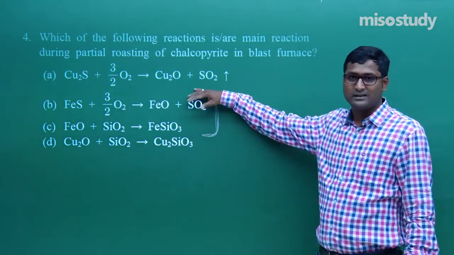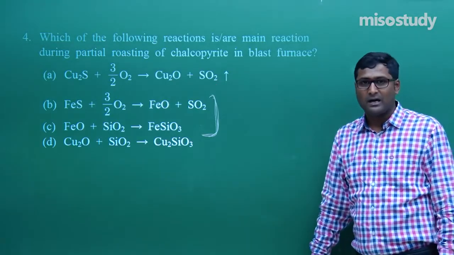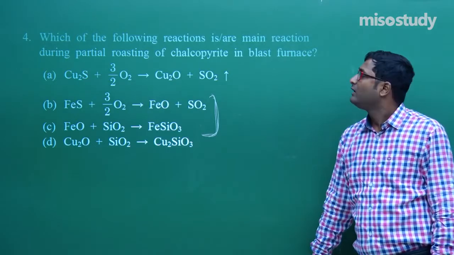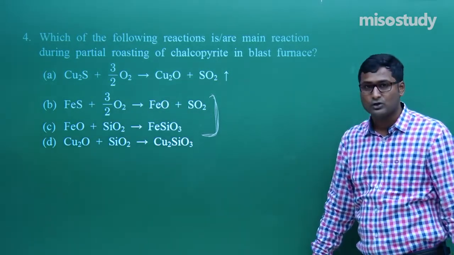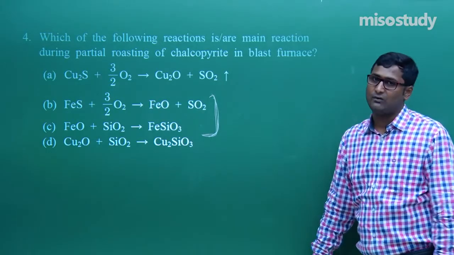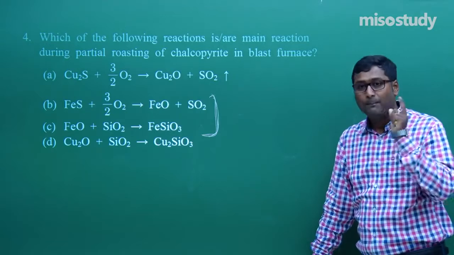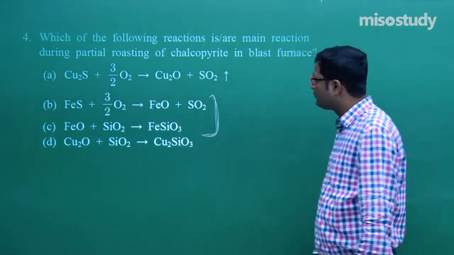So don't consider this reaction. Again I am repeating, you have to read the question completely. Then definitely you will get the exact answer. So for question number 4, B and C is the correct option. Now friend, let's move to the next question.